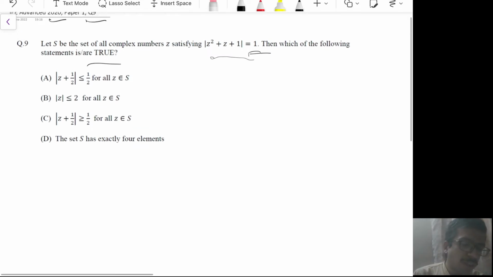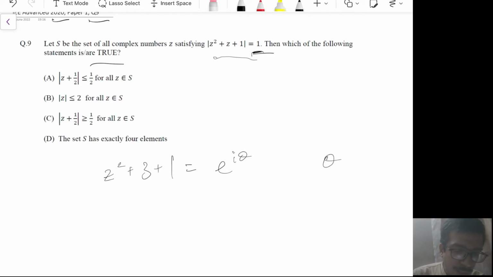Whenever you see that you are given that this is of unit magnitude, it makes sense to assume that z square plus z plus 1 is equal to e to the power iota theta, and I can assume that theta lies between minus pi and plus pi. Now this is a quadratic equation, so I can solve for z.